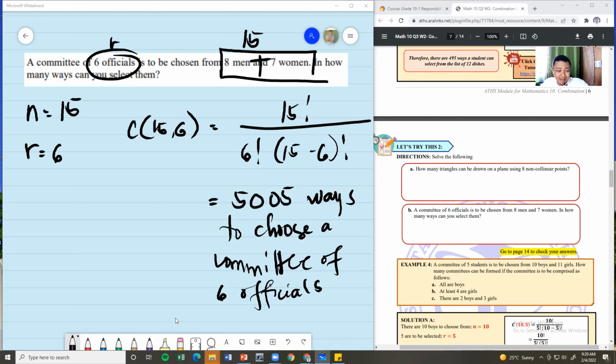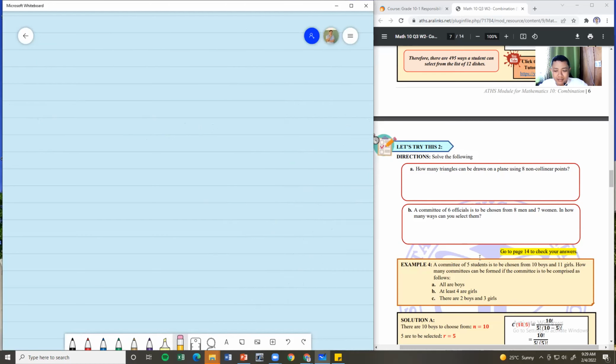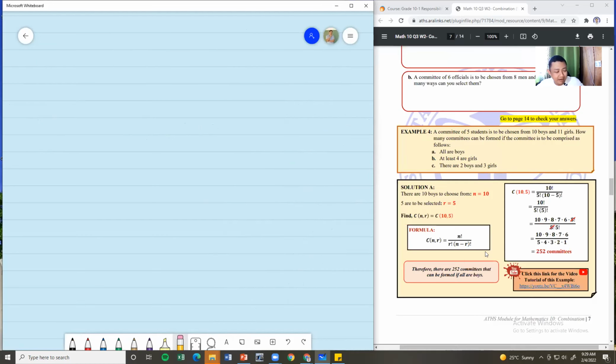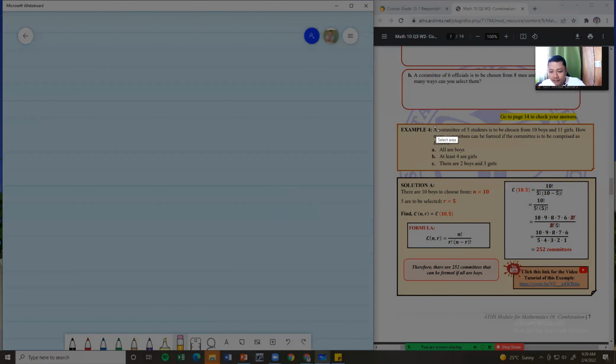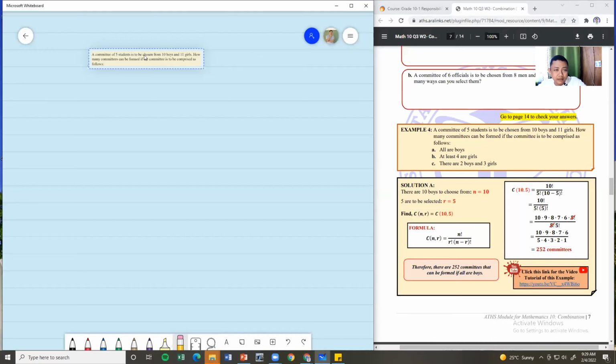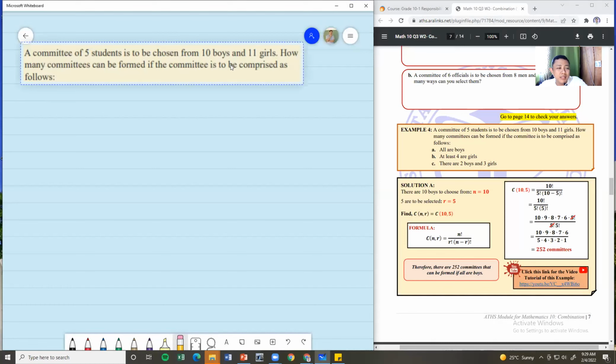So at least you can now comprehend this level-up type of problem. What about this? Another level up. Let's take this. A committee of 5 students is to be chosen from 10 boys and 11 girls.